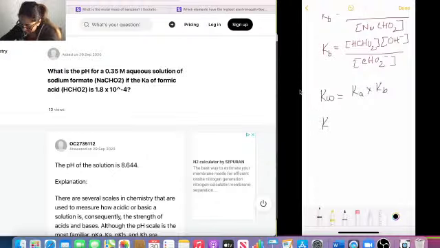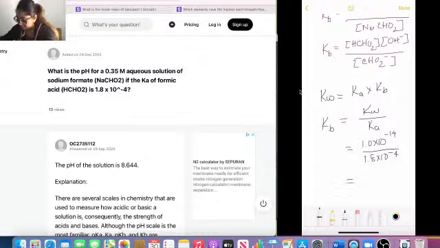And so we basically have Kb equals Kw over Ka, right? And we just plug in the values: 1.0 times 10 to the power negative 14 over 1.8 times 10 to the power negative 4.